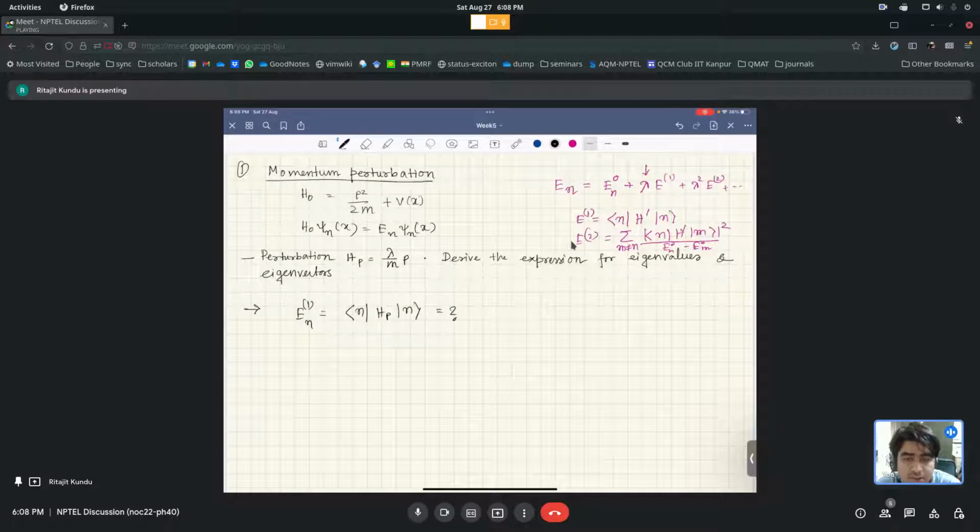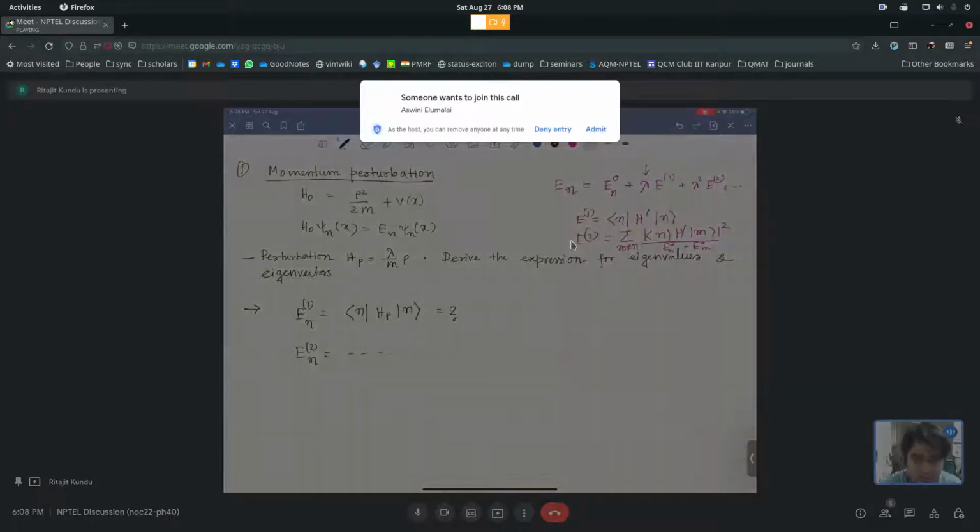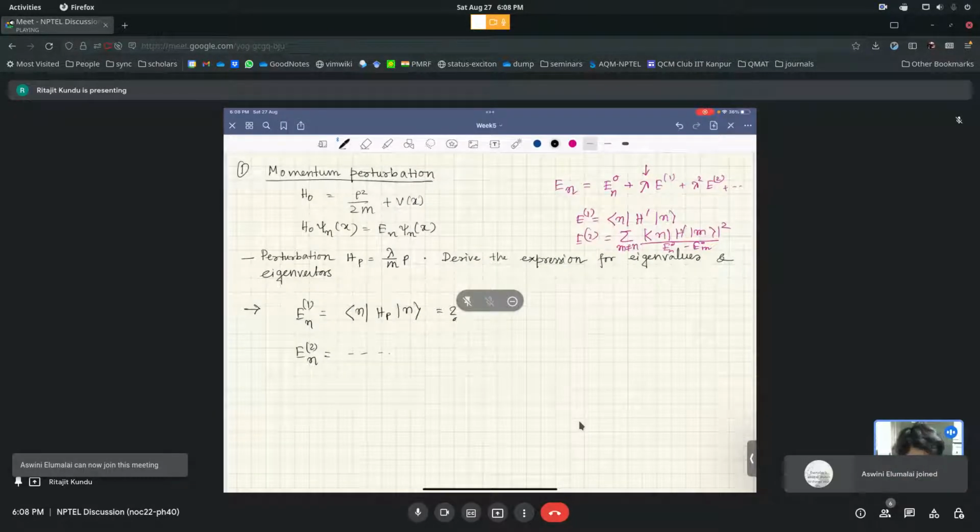If this is not 0, then you just calculate up to your first order and be happy with it. But if this becomes 0, then you go on to calculate the second order term as well. Essentially what you want to calculate is the first non-zero perturbative correction. That is the most interesting thing, and we mostly look out for that.